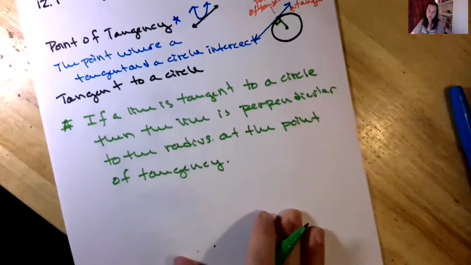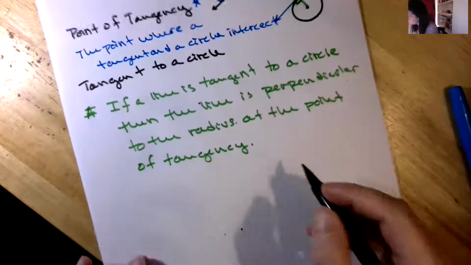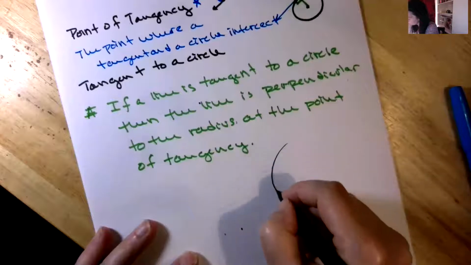So if a line is tangent to a circle, it is perpendicular at the point of tangency.